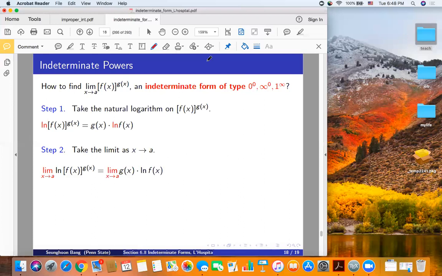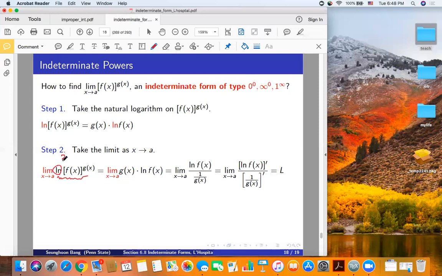How can you calculate this? You have to use this idea: ln function on top, g of x goes to the bottom by using the reciprocal. You can use L'Hopital and find the answer. This is not final. This is the answer of ln of limit f of x to the g of x.